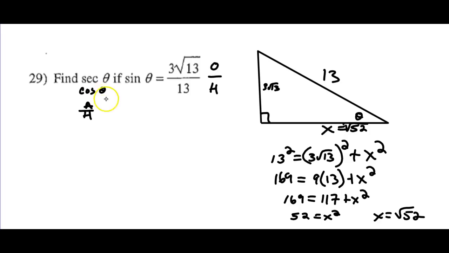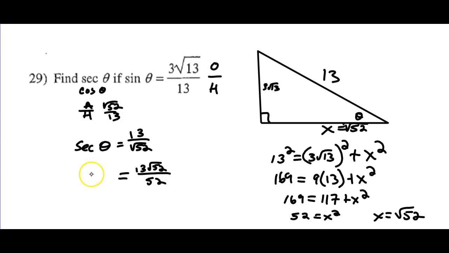And so if the cosine of theta is adjacent over hypotenuse, I get square root of 52 over 13. That means the secant of theta will be that guy's reciprocal, or 13 over the square root of 52. And then rationalizing the denominator, I'm going to get 13 square root of 52 over 52.